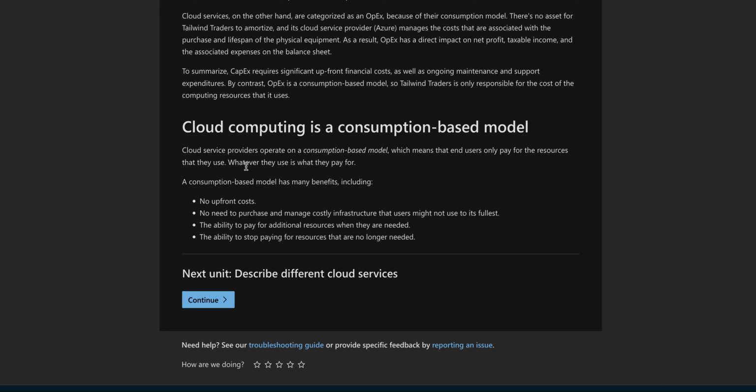So that is CapEx. Based on what you've seen, it would be mainly applied in on-premises environments which require physical infrastructure, whereas OPEX would be more of cloud services, the consumption-based model.